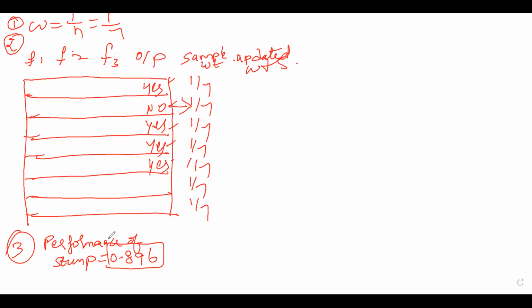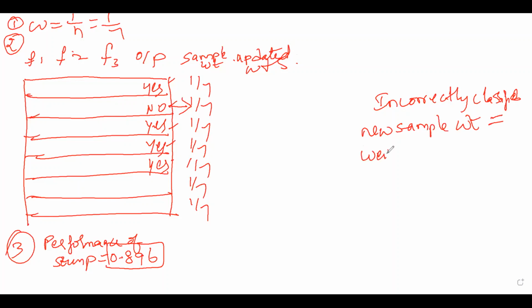Now, for updating the weights, there are two simple formulas. First, we will update the incorrectly classified points. In order to update the incorrectly classified, new sample weight is equal to weight into e power performance of stump.